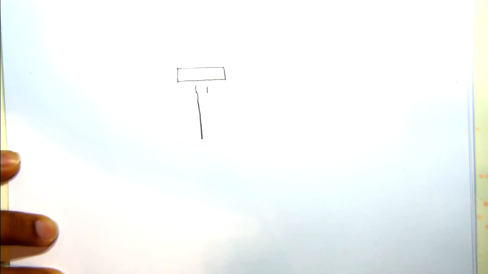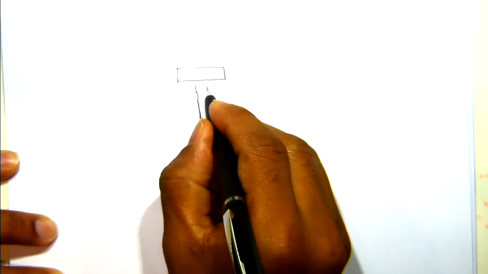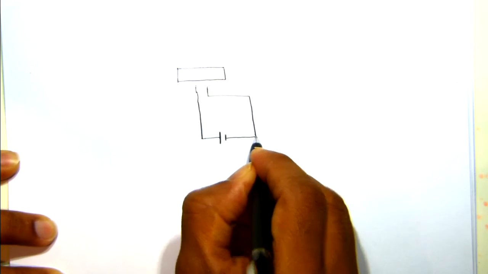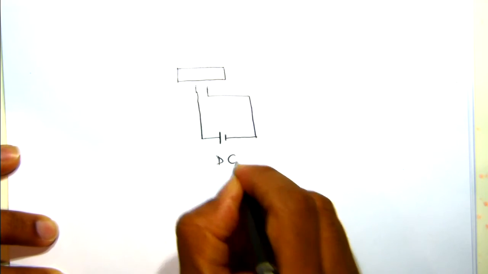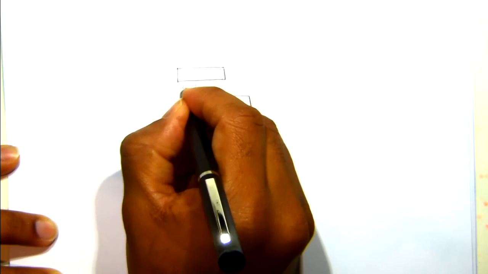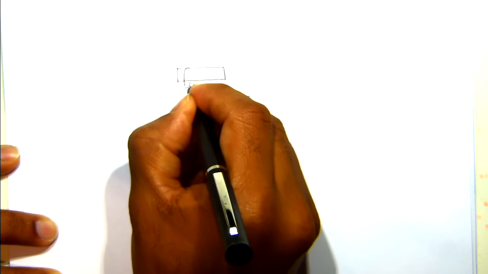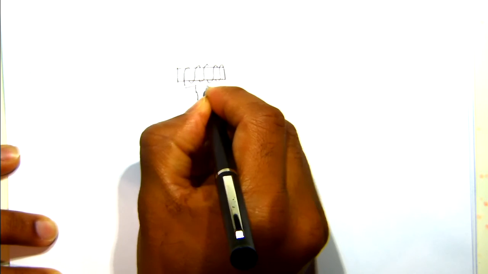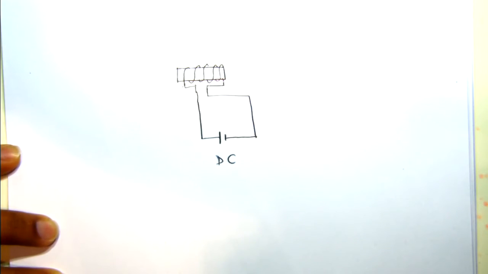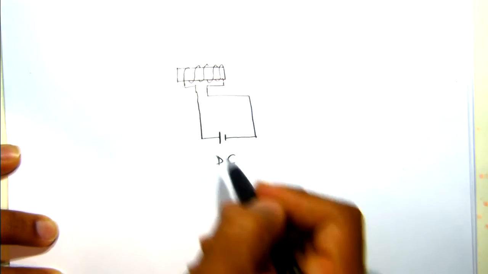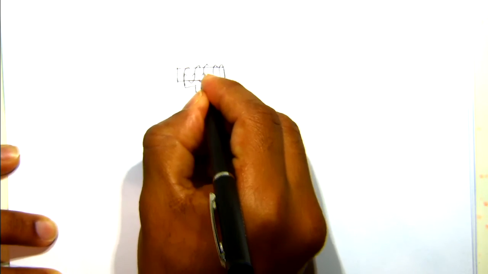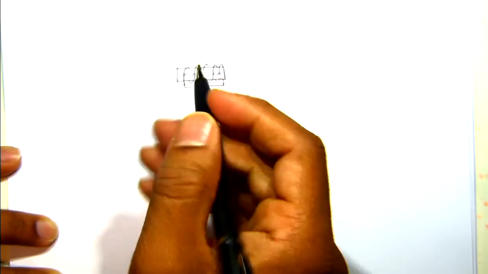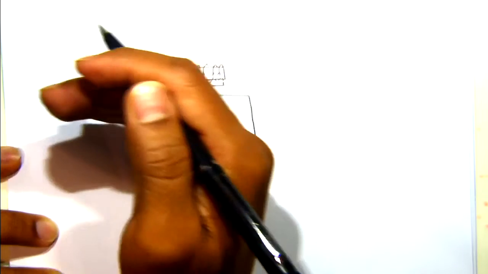What we will do is put a DC supply there from an external source. Let's say there is a battery, a DC source, and this DC winding, we will put it there. Once you give some supply voltage there, there will be current flow, and due to this current flow there will be a magnetic field.